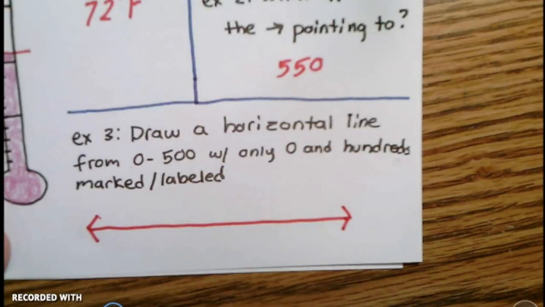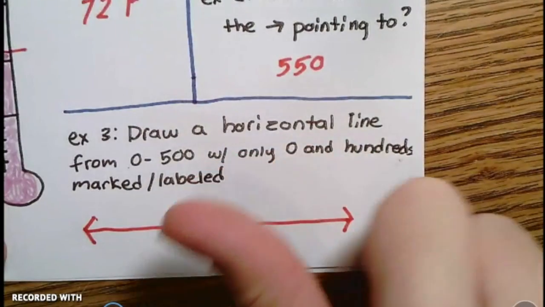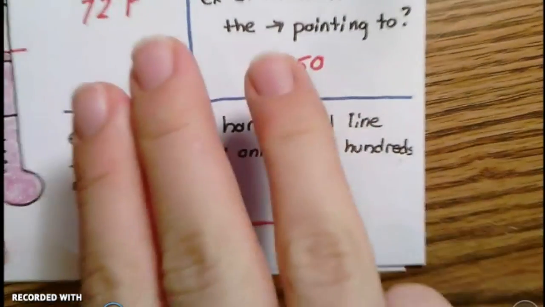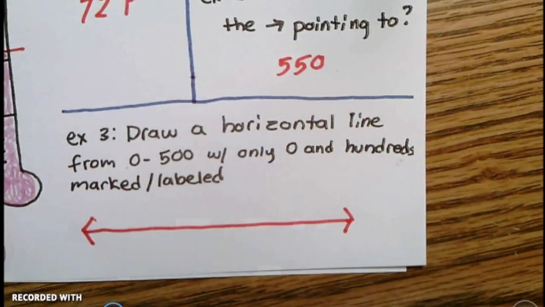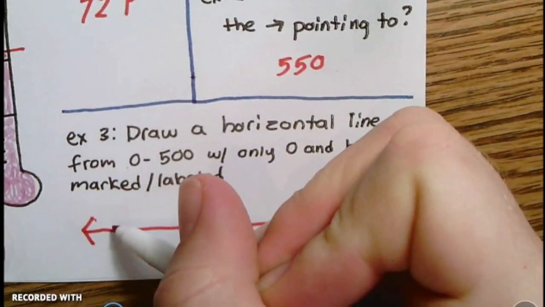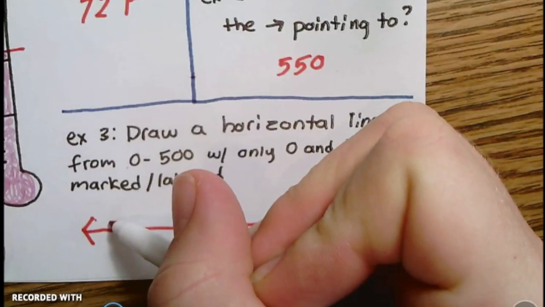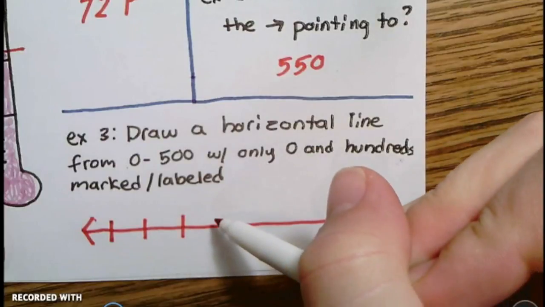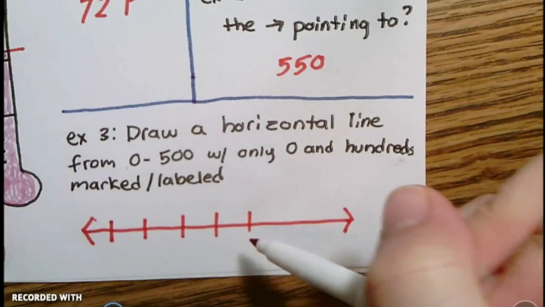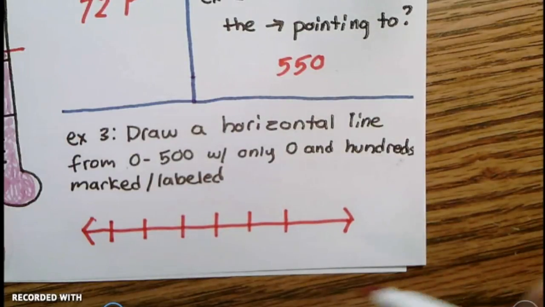And then I'm going to figure out, I'm only marking hundreds, and I'm starting at 0 and ending at 500. So let's see how many tick marks I'm going to need. 1 for 0, 100, 200, 300, 400, 500. So I'm going to need a total of 6 tick marks, and I'm going to want them to be evenly spaced apart. 1, 2, 3, 4, 5, 6.